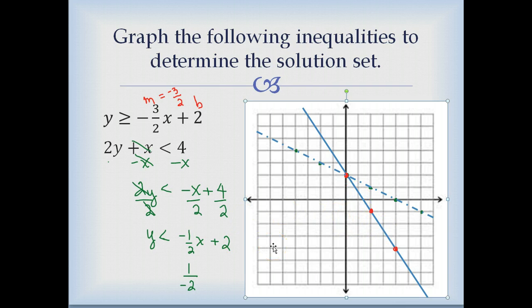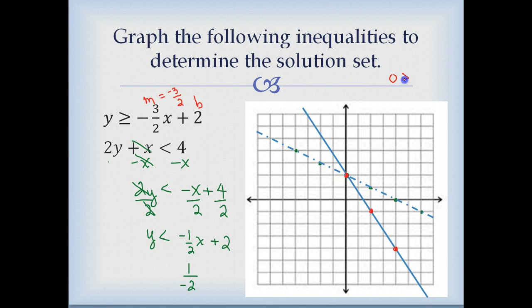All we have to do now is test a point in both equations. And again, this one doesn't go through 0, 0, so that's the easiest one to pick. I'm going to use red for my top equation to test it. So I'll just do it over here, plug in 0, 0.